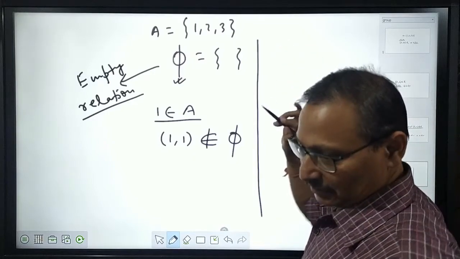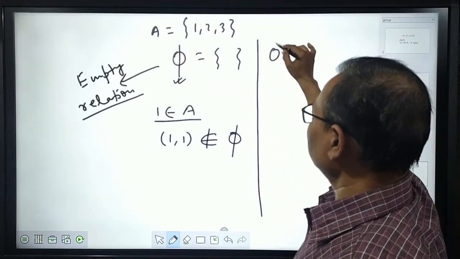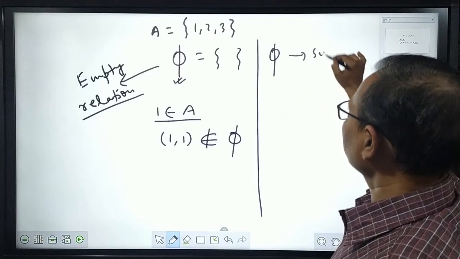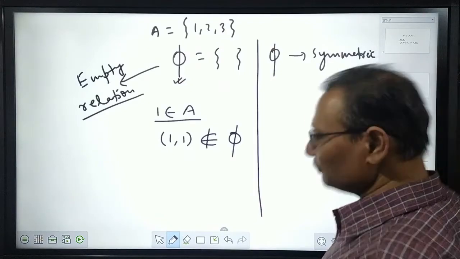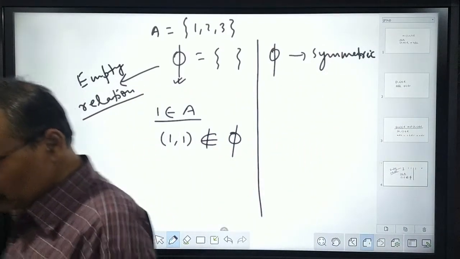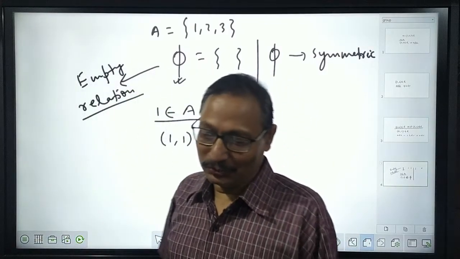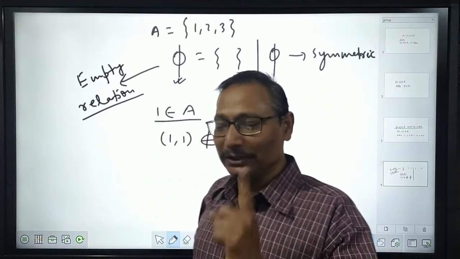And now, to check symmetricity of this relation, can you say this phi is symmetric? To check this, I just told you, you are supposed to take an element from the given relation.